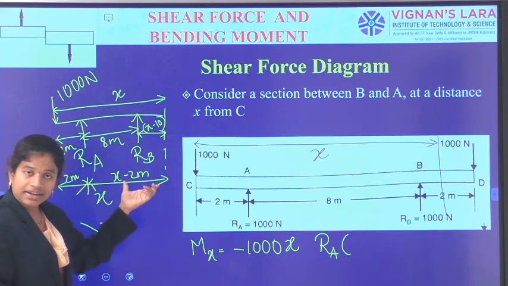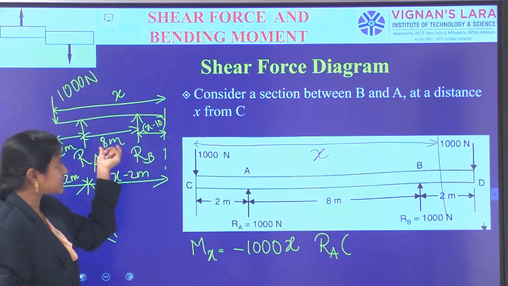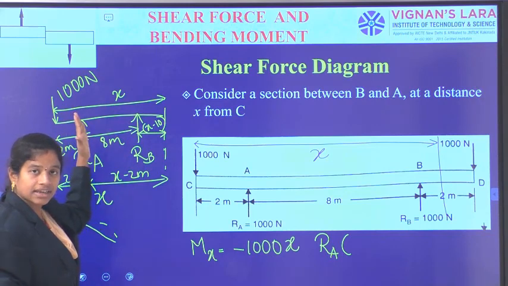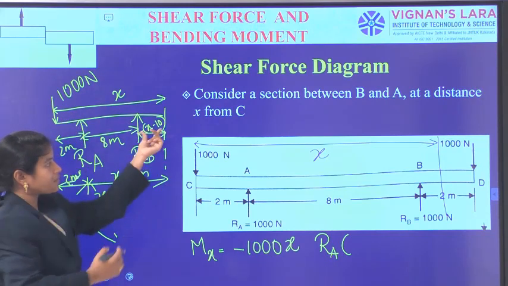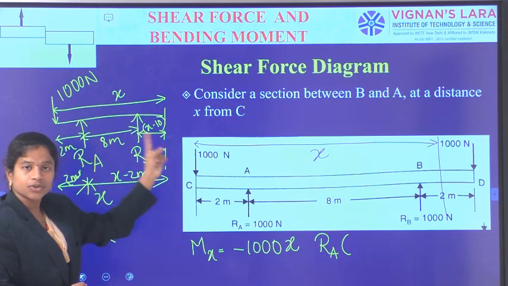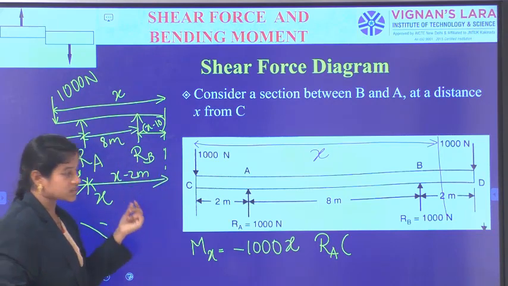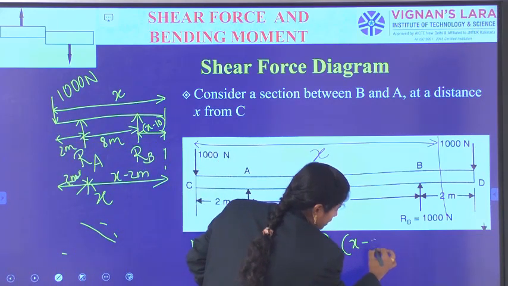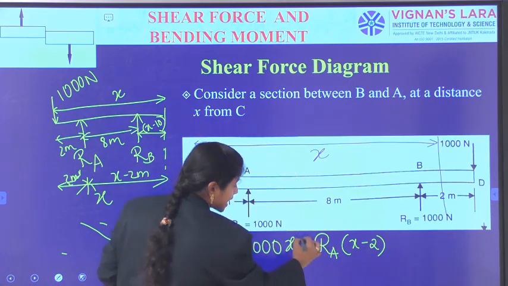Or you can write it like this, x minus 10 plus 8 up to RA. How much is the distance? This is the distance. So x minus 10 plus 8 is the total length, that is x minus 2 only. So RA is at x minus 2, and it is giving sagging type moment.